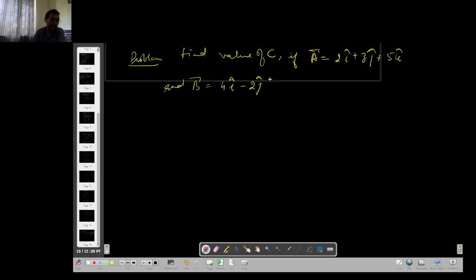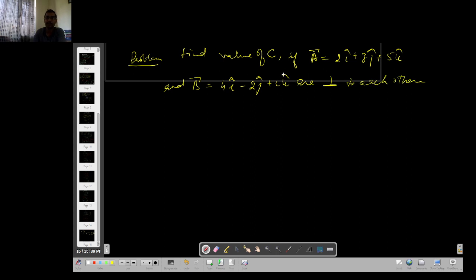Say we have to find the value of c if A is equal to 2i cap plus 3j cap plus 5k cap and B vector is equal to 4i cap minus 2j cap plus ck cap, and they are perpendicular to each other.